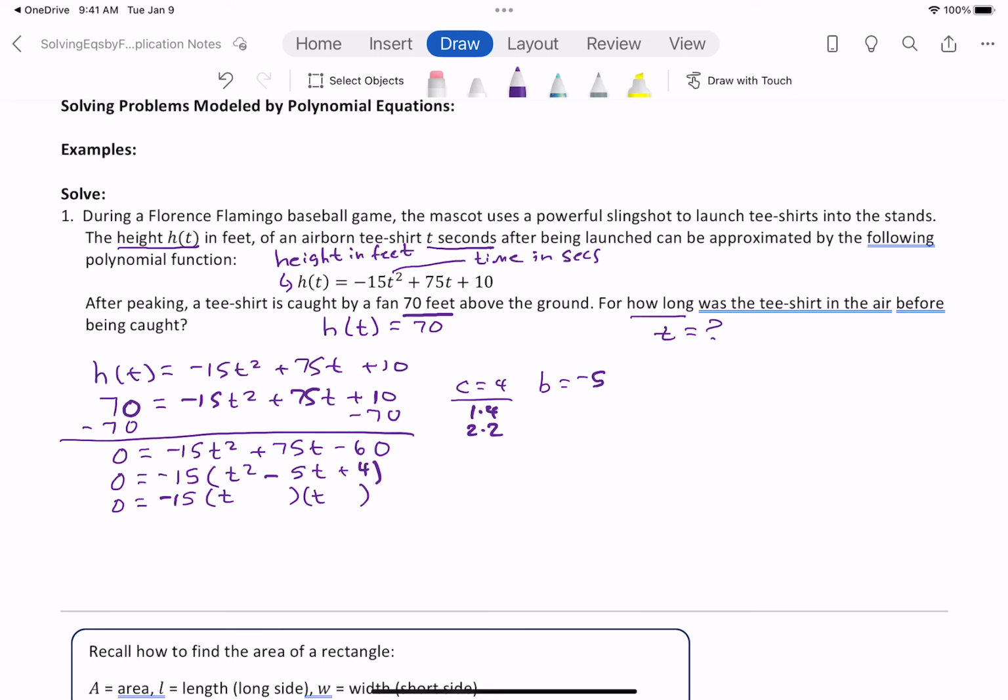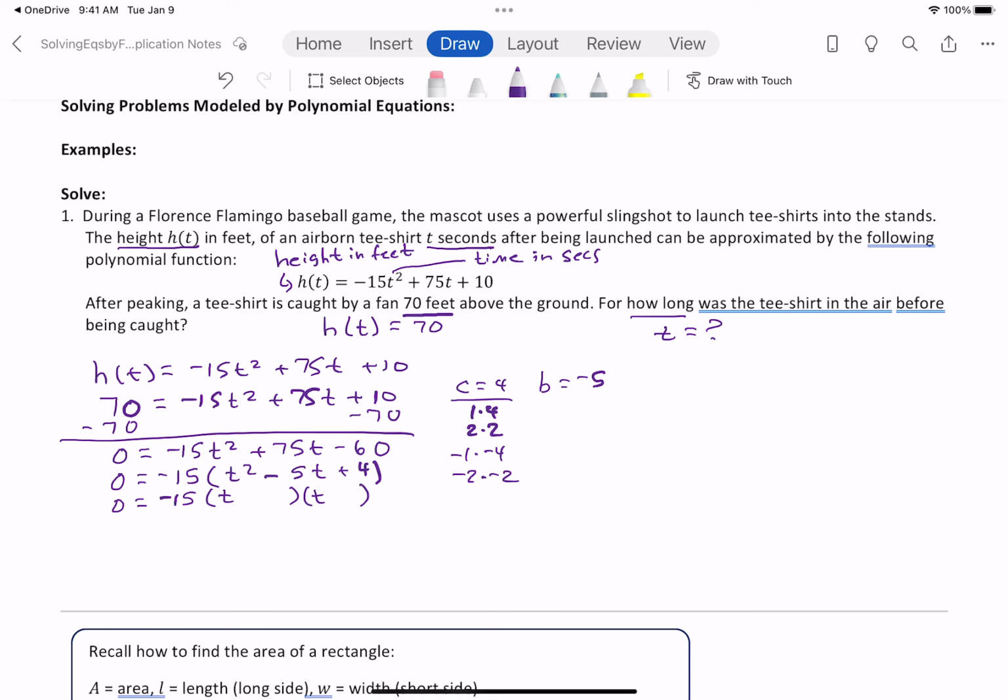I don't know if you remember the lesson from yesterday. Remember we talked about 1 and 4 multiplying to positive 4, but negative 1 and negative 4 also would, and negative 2 times negative 2 also would.